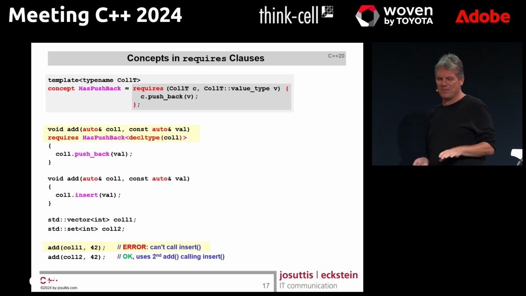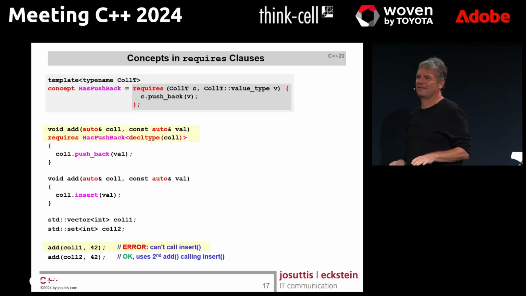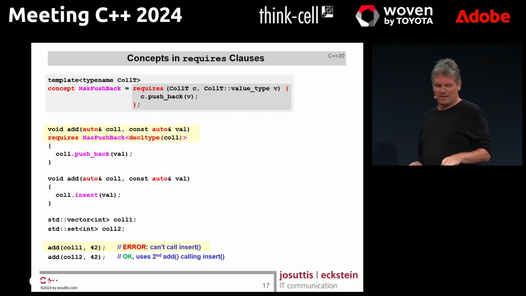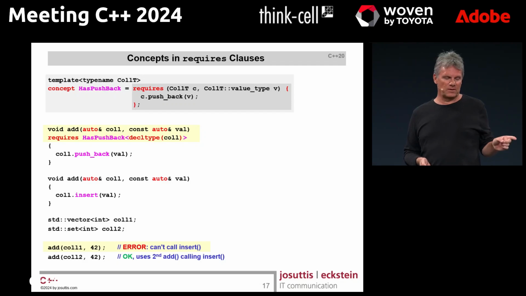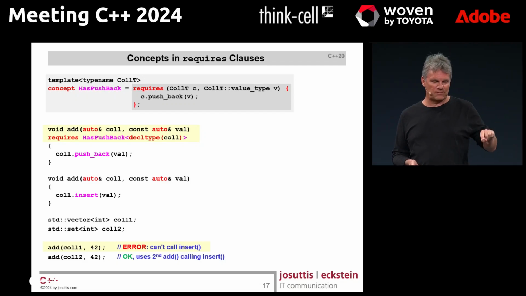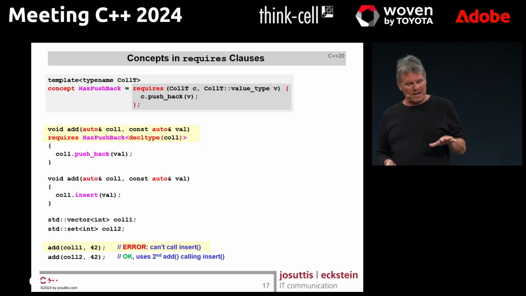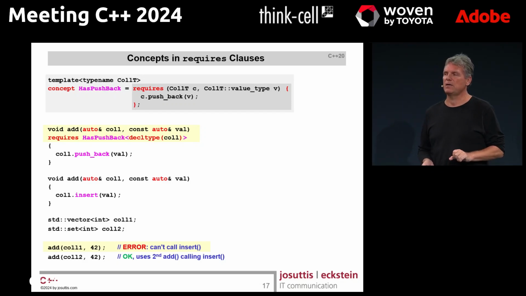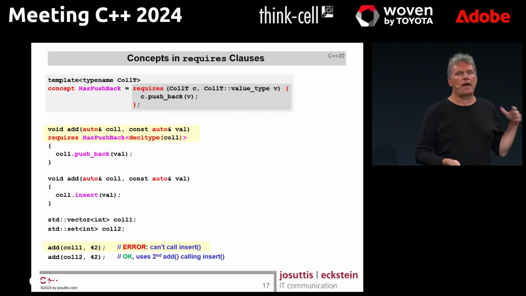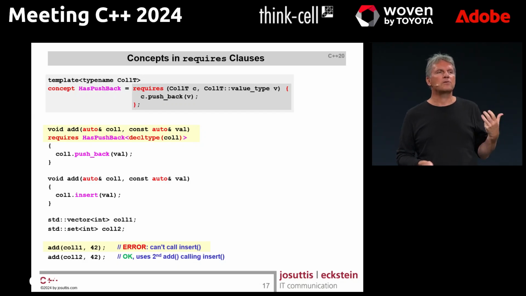What is a decltype of call? A reference. Yes. So we did constrain auto. Auto is not a reference. The auto ref is a type of call. So what you pass here to has pushback is the type std vector of int reference.